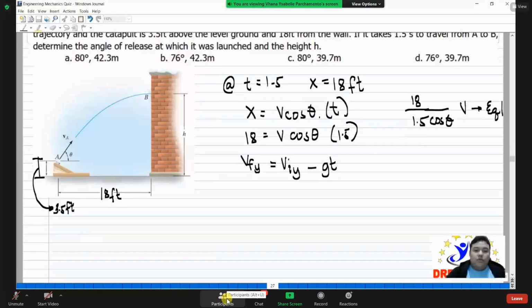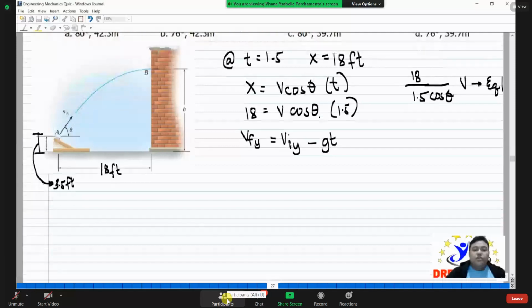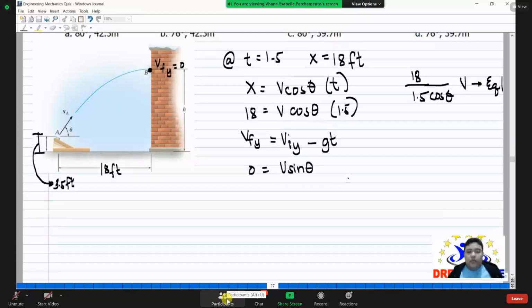So, nung nag-strike dito, yung ating Vfy is 0, kasi nag-strike na siya, hindi na siya makagalaw. So that is 0 is equal to V sin theta, yan yung ating initial velocity in the y direction, minus 32.2 times 1.5.